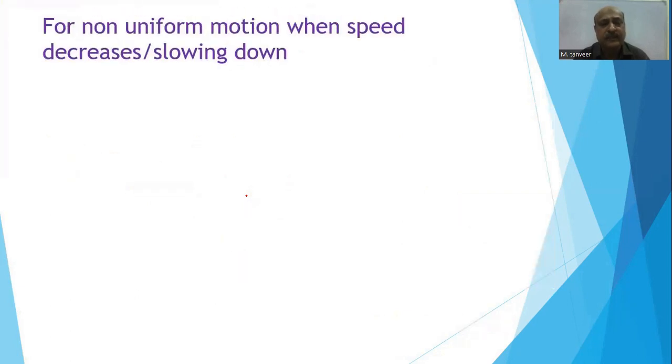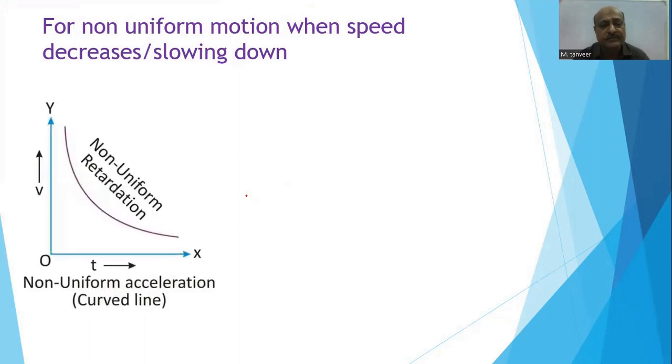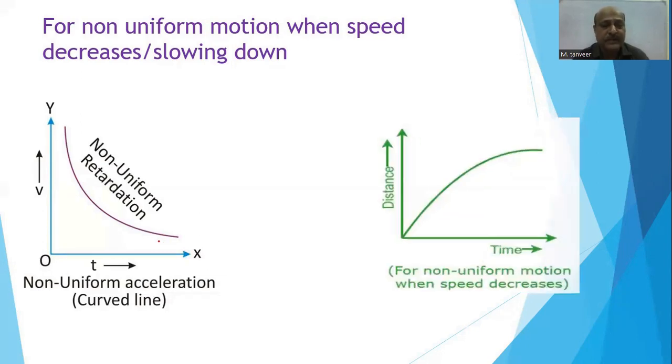Next case, for non-uniform motion, when speed decreases or slowing down. Now speed is decreasing but it is not uniformly decreasing. This is the graph for a body which is reducing its speed but non-uniformly. Then the speed time graph will attain this shape.